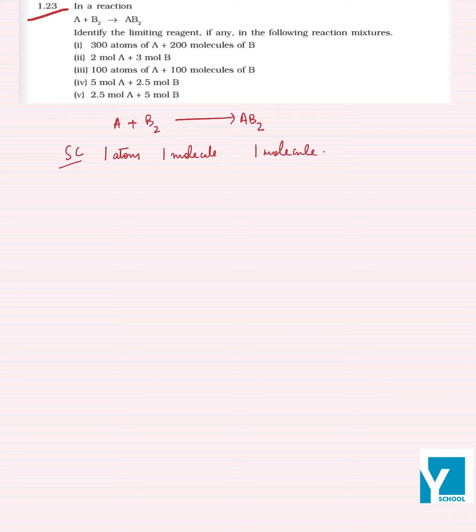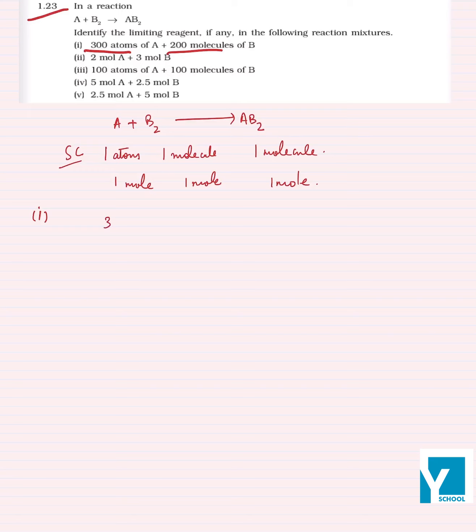So this also you can say 1 mole of A reacts with 1 mole of B2 and it gives you 1 mole of AB2. So in first reaction mixture 300 atoms of A combine with 200 molecules.